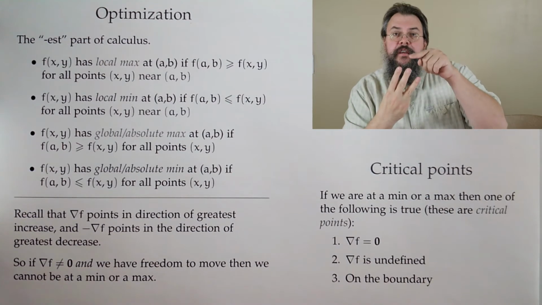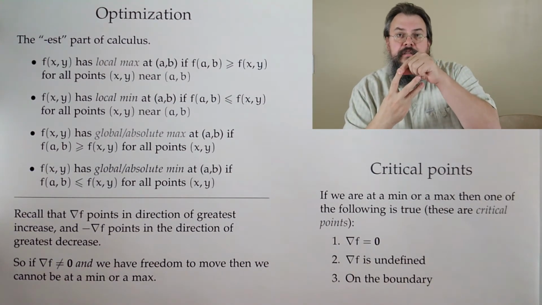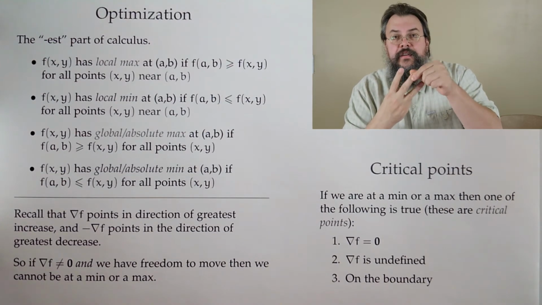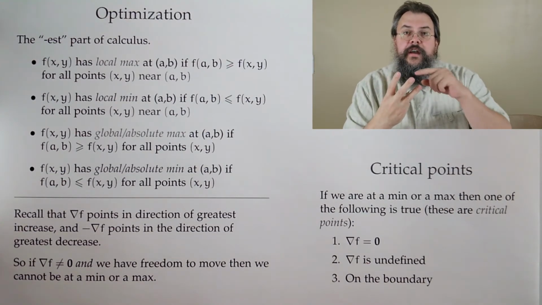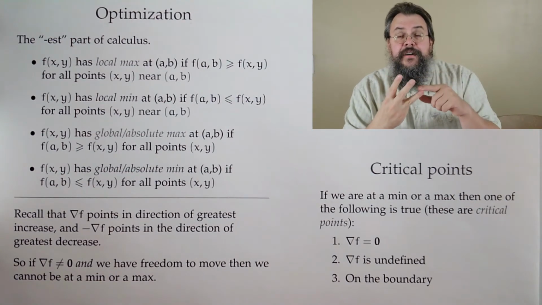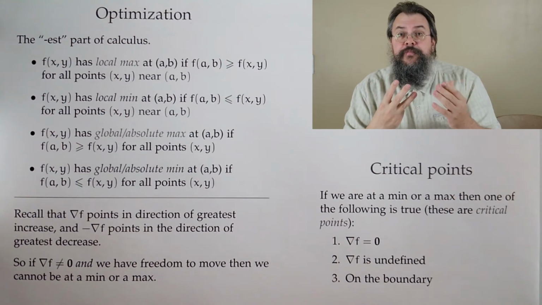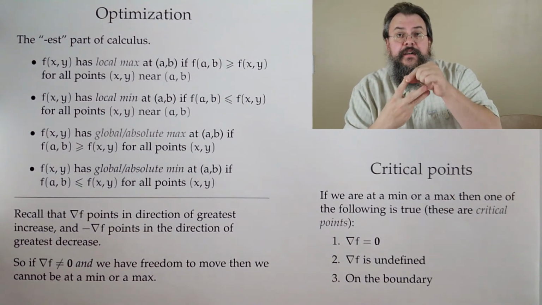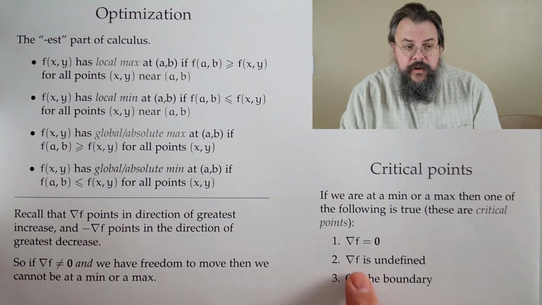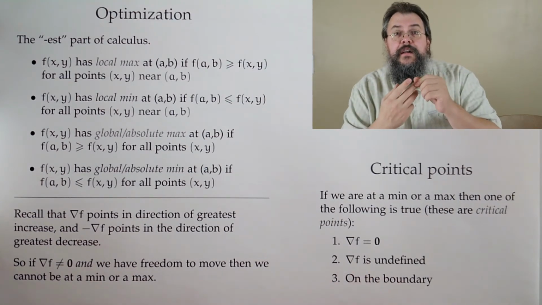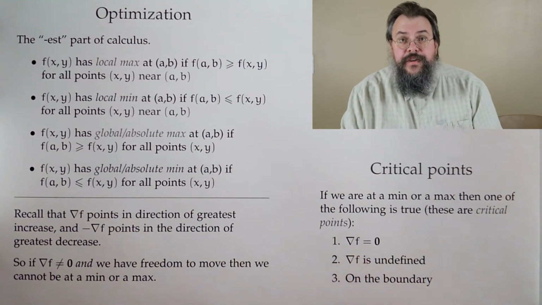So there are 3 things that need to be true: the gradient is defined, the gradient is not 0, and we have freedom to move. Therefore, if any of these 3 things fail, that's going to be critical because something interesting could be happening there. The gradient being defined, for it to fail, the gradient is undefined. That's one of our options. The gradient being non-zero, if it fails, that means the gradient is 0.